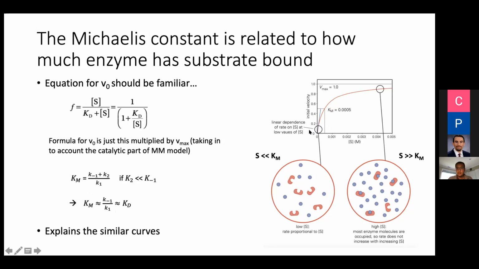When the substrate is much, much lower than the Km, the initial velocity is increasing, and the rate is proportional to the amount of S. But when substrate is in excess, the enzyme is fully saturated, and so the rate becomes independent of the substrate concentration, and it plateaus off like the hyperbolic binding isotherm.